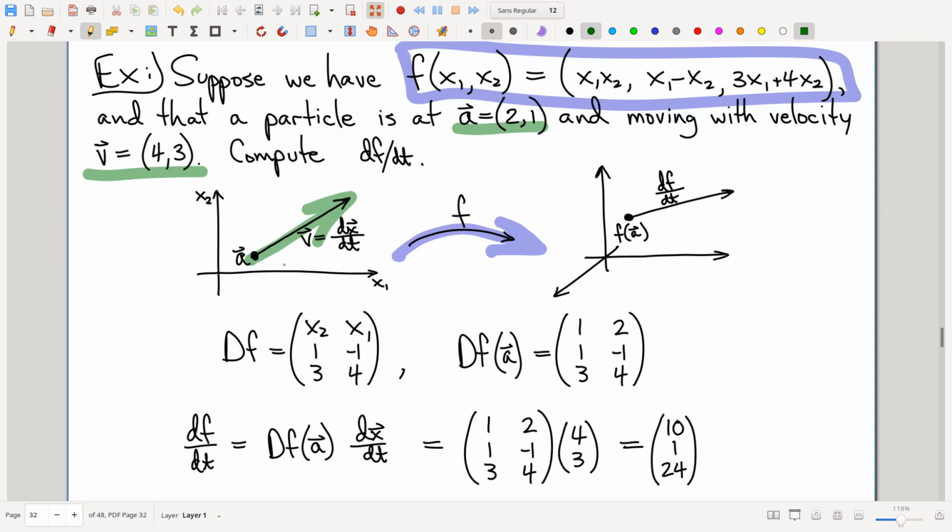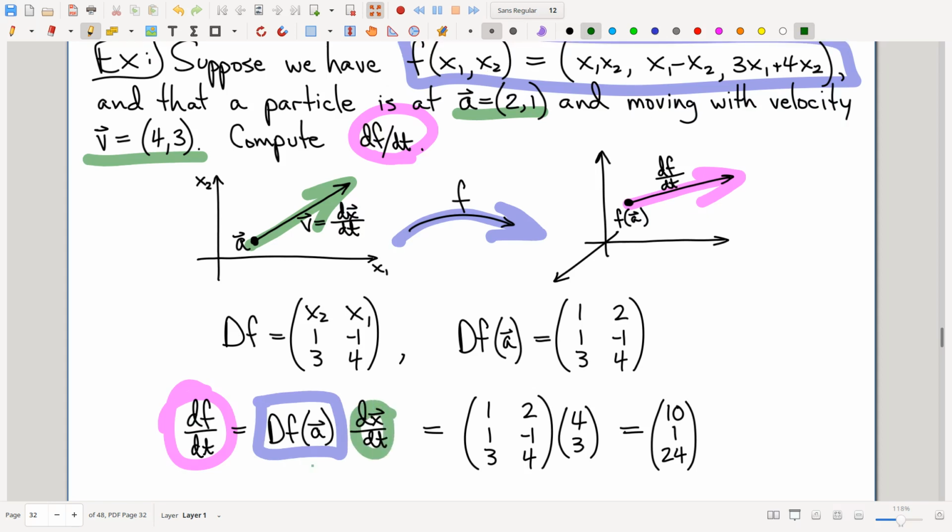And I want to know my output velocity. So I have a function, I know the input velocity, and I want the output velocity. Great. Here's our formula. Output velocity is the DF matrix times the input velocity.